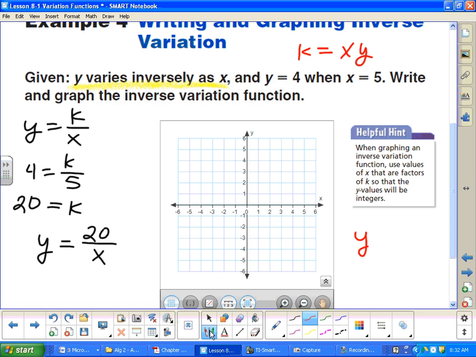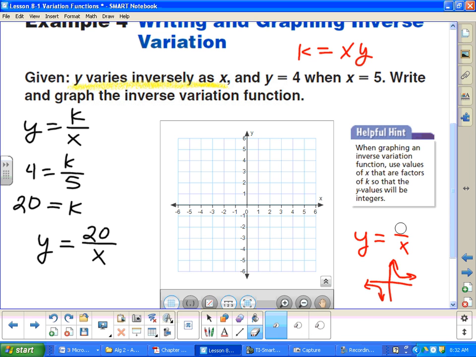Y equals k over x, which means it's going to be in the first quadrant and the third quadrant, not the second and fourth. When will it be in the second and fourth? Yep, when k is negative. So this was the parent function, y equals 1 over x.